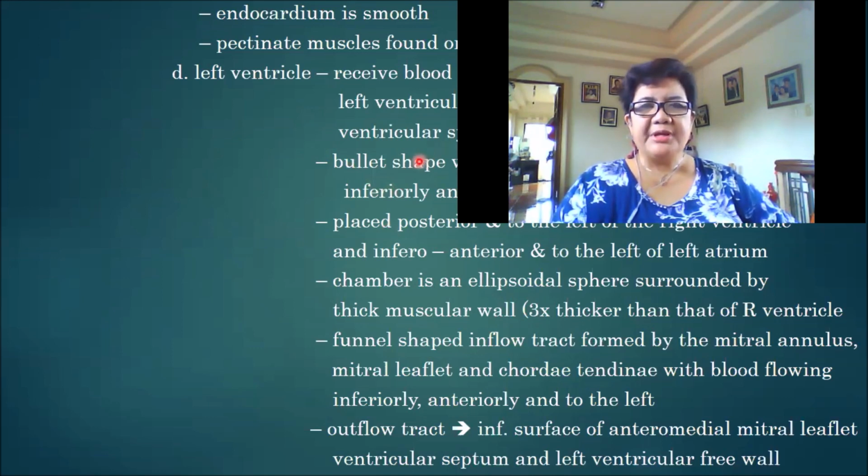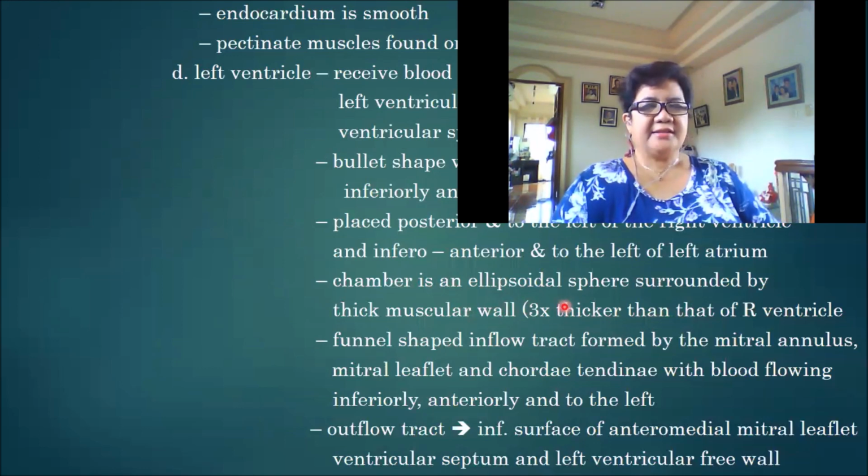Now, this will be placed posterior and to the left of the right ventricle, and infero-anterior and to the left of the left atrium. The chamber is an ellipsoidal sphere surrounded by a thick muscular wall. The muscular wall of the left ventricle is 3 times thicker than that of the right ventricle because the blood that it will pump will be sent to the whole of the body.